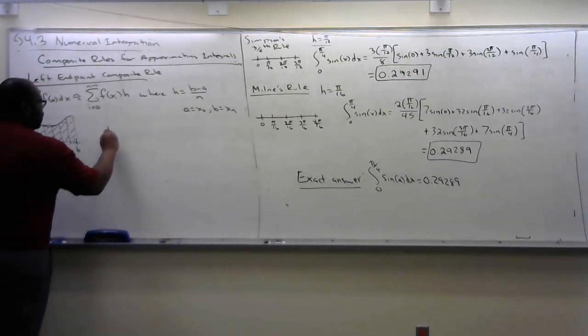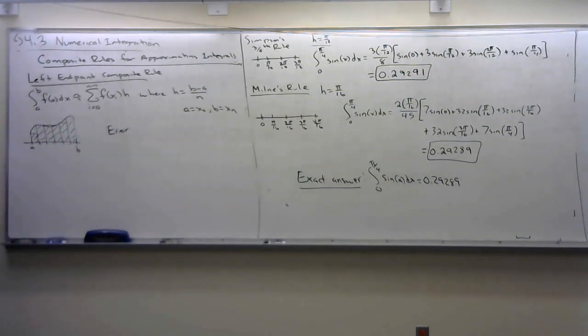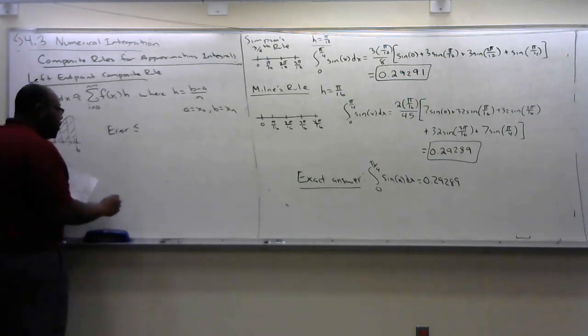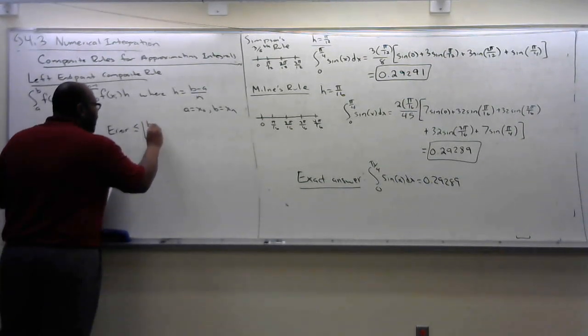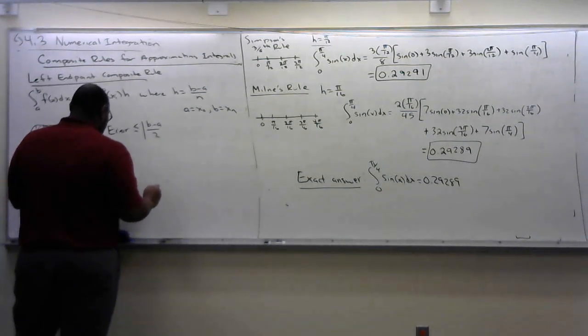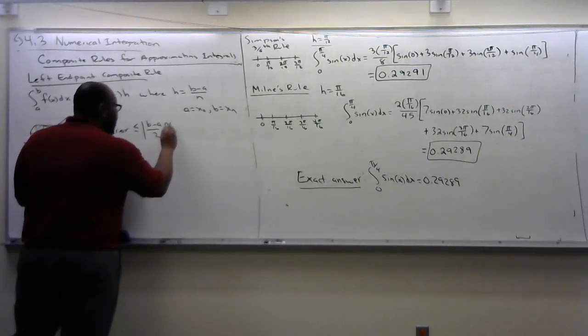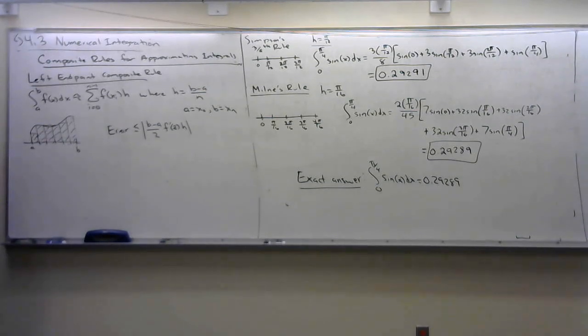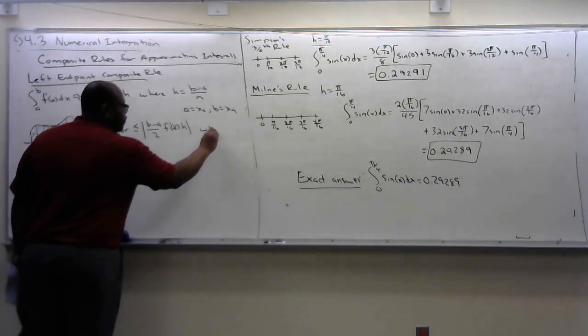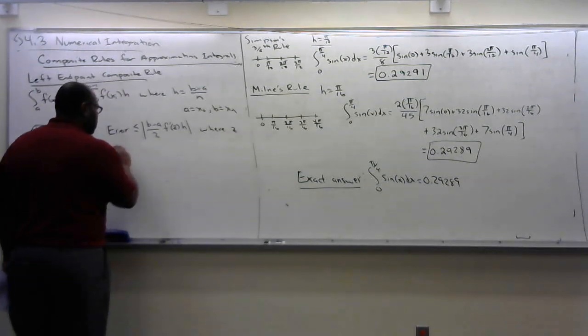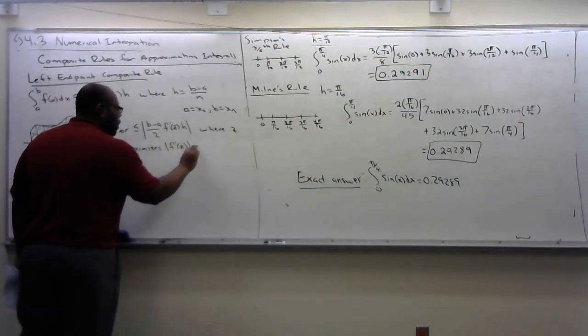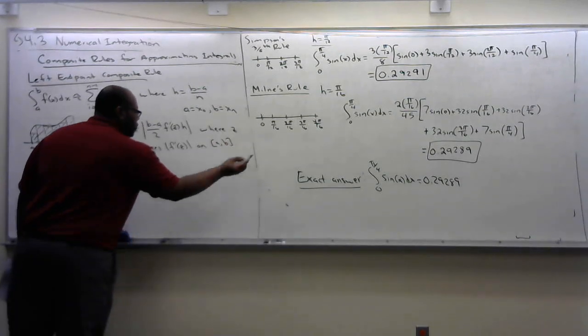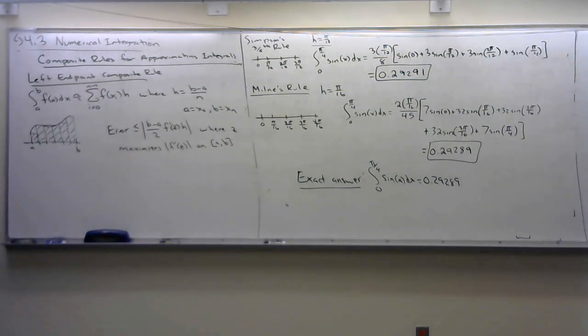So the error between the actual integral and the approximation is less than or equal to the absolute value of b minus a divided by 2 times f prime at z times h, where z maximizes f prime on the interval from a to b. All right.